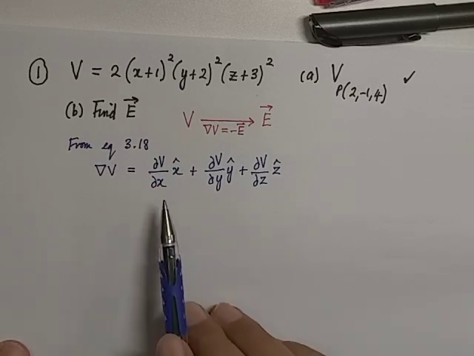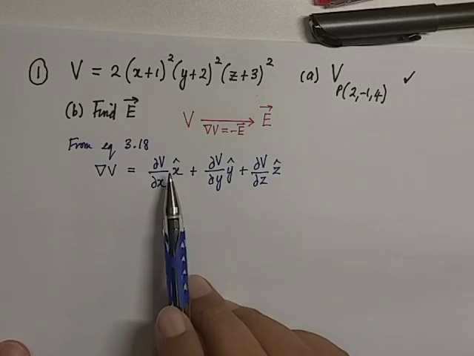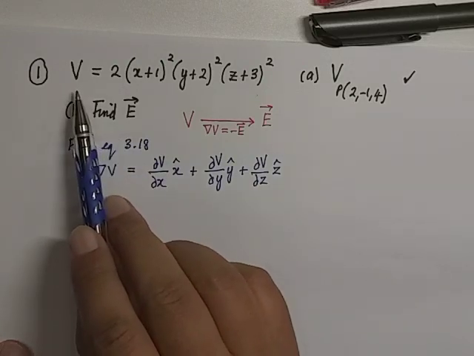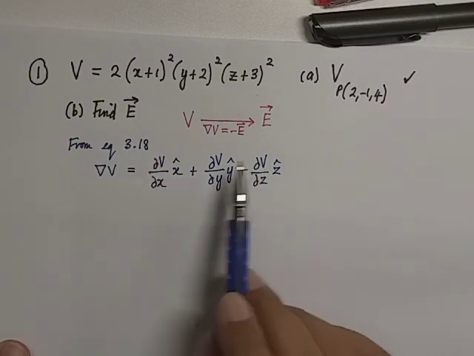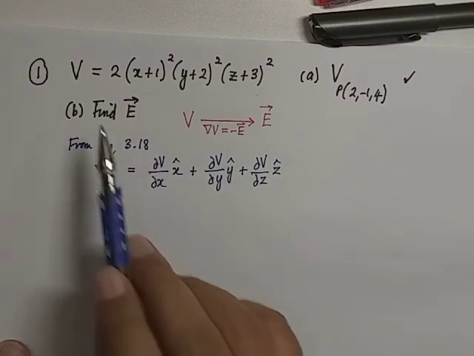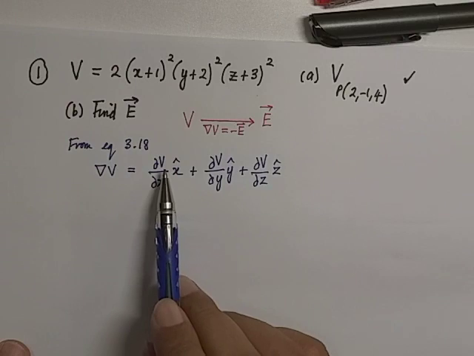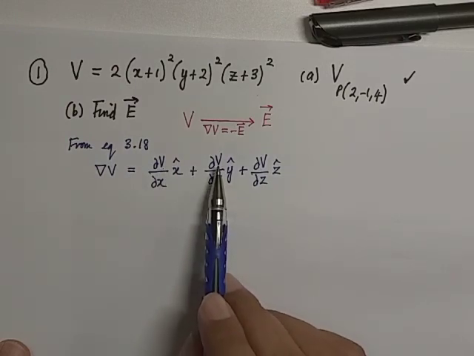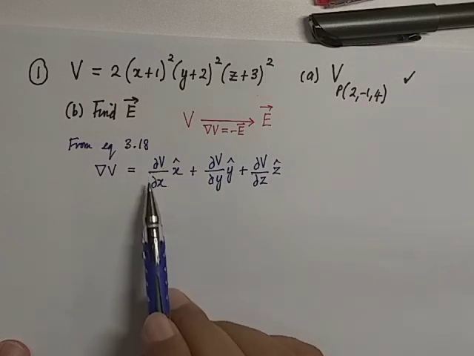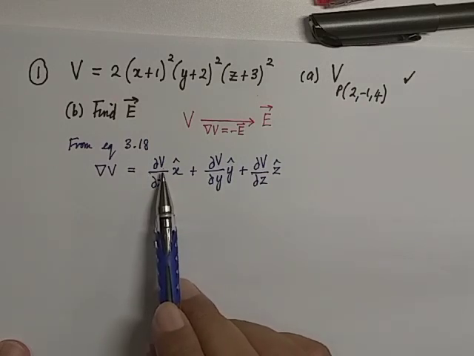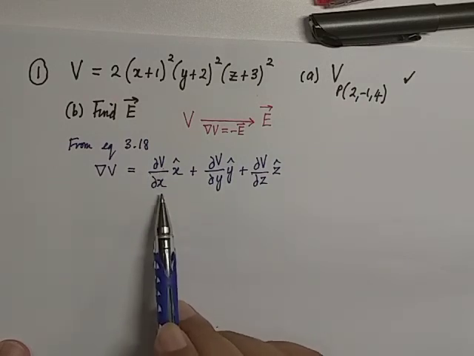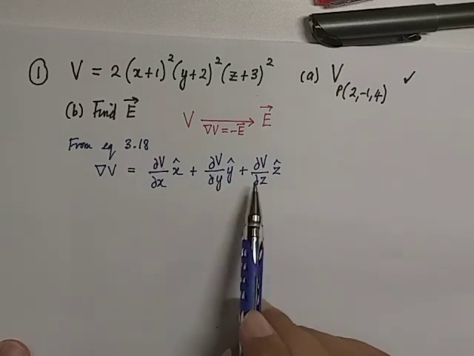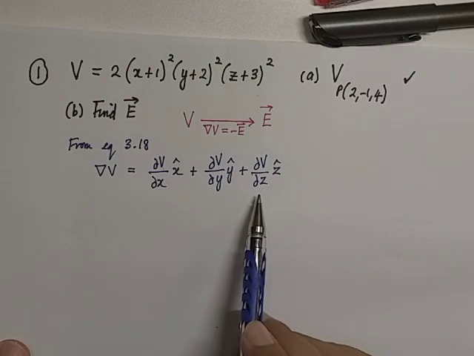We have to substitute the V in this equation with the given V. So I differentiate V with respect to x in this term, V with respect to y in this term, and V with respect to z in this term.